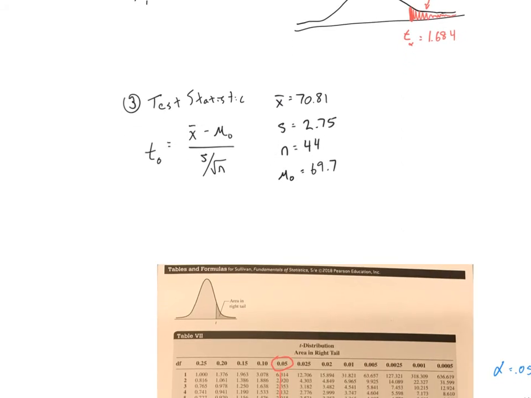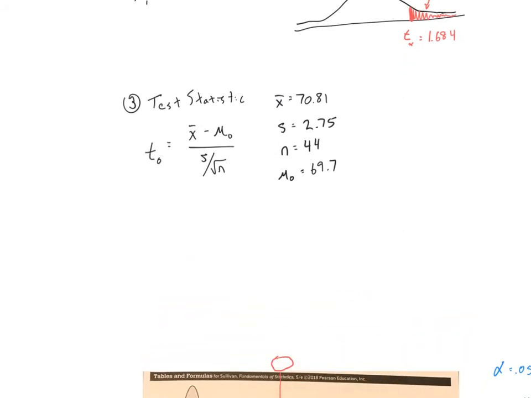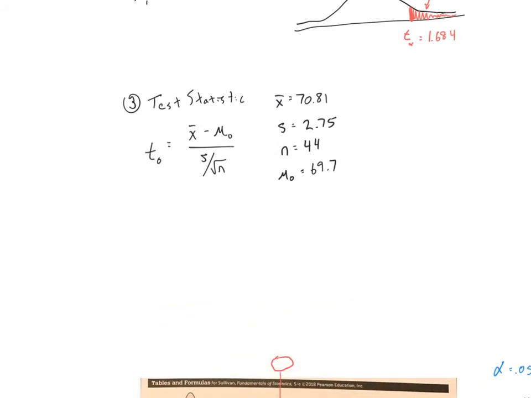So we substitute in. Let me move my picture a little bit further away. We substitute in, and t is equal to 70.81 minus 69.7 divided by 2.75 over the square root of 44.